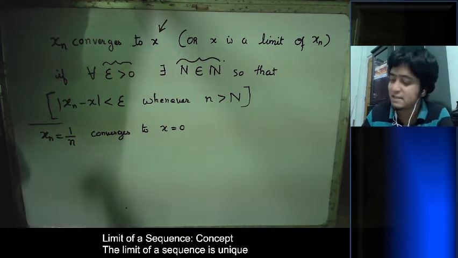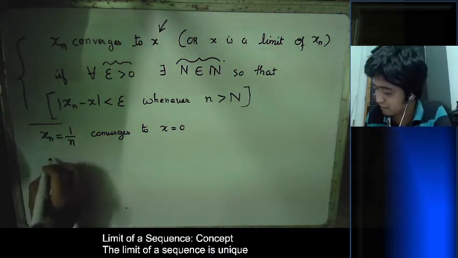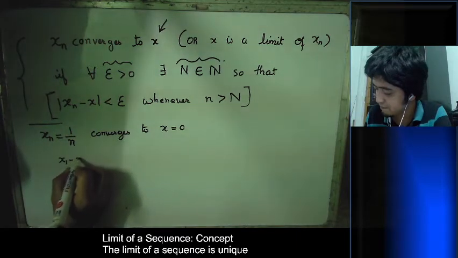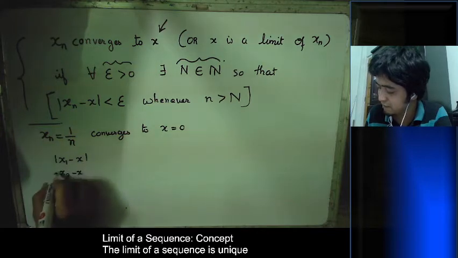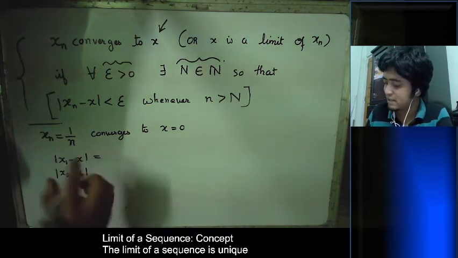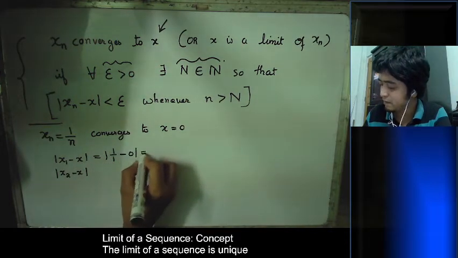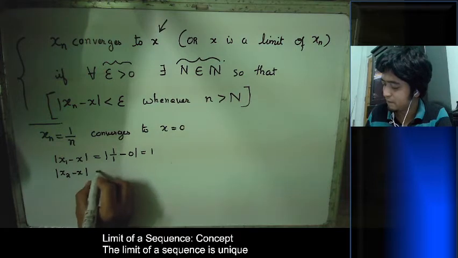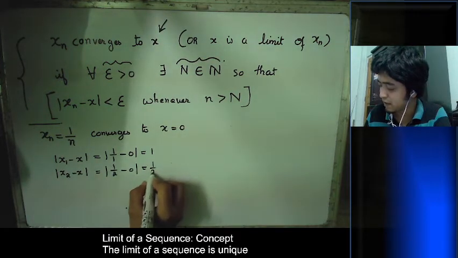Now to fully understand what this means, firstly let us calculate x1 minus x, x2 minus x. So you will need to calculate all of these. So x1 minus x will be 1 by 1 minus 0, which is equal to 1. 1 by 2 minus 0, which is equal to 1 by 2.